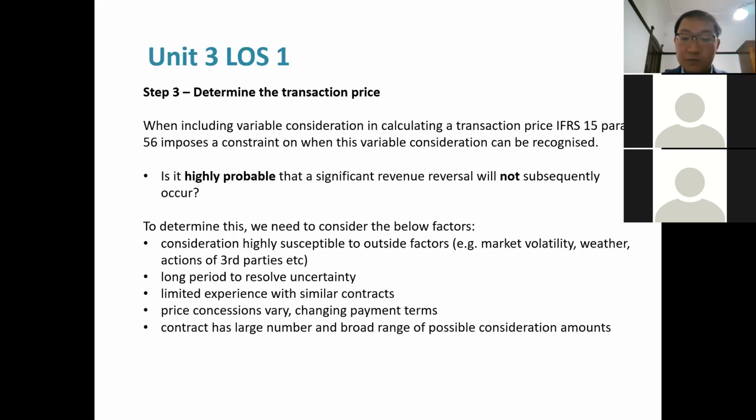There could be changes to contract terms or payment terms. And there's just the existence of complexity in the contract. And so if you do see any of these factors in play, then even though there's going to be a variable consideration component in your revenue contract, it is probably still likely for you to be cautious and not recognize that because you think one of these revenue reversal events will likely occur.